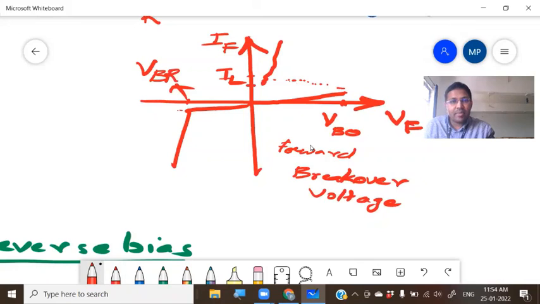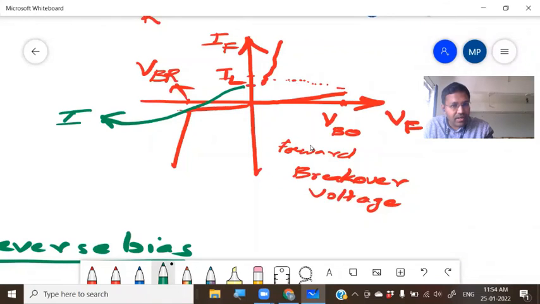This particular point where the device turns off is called the holding current. The corresponding voltage is called the holding voltage.